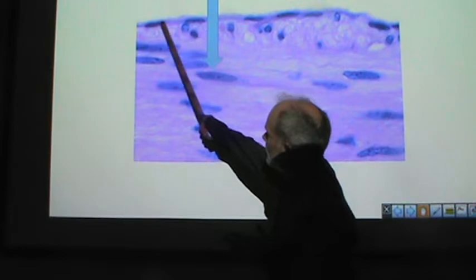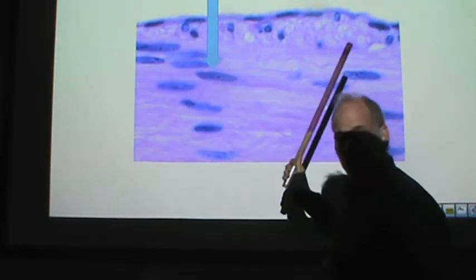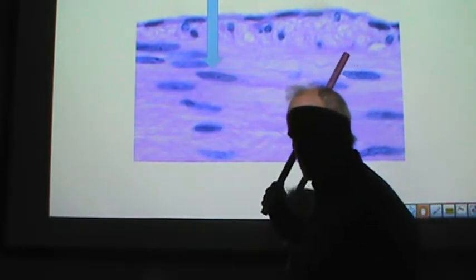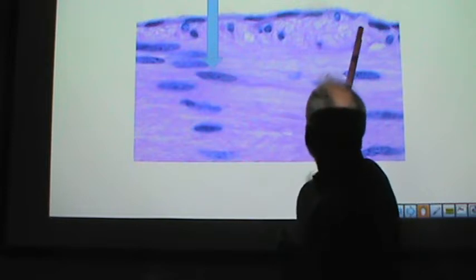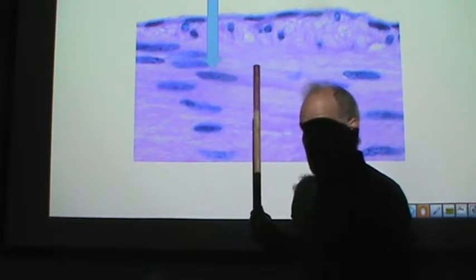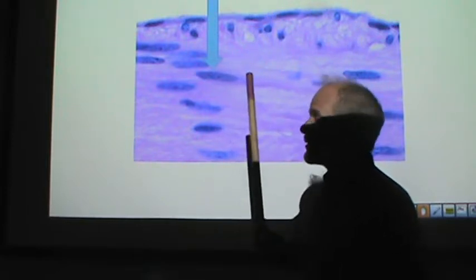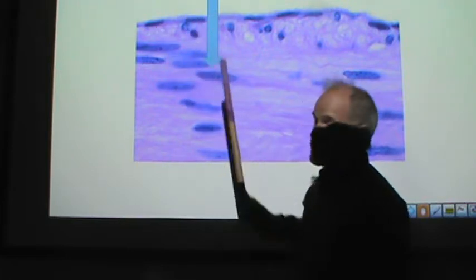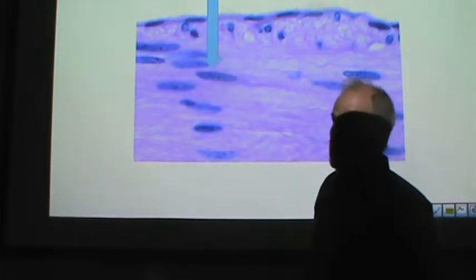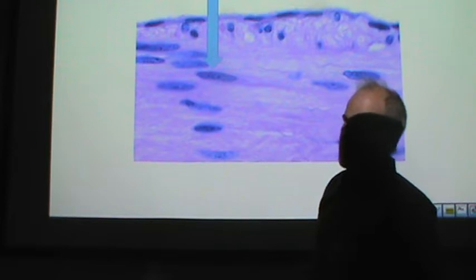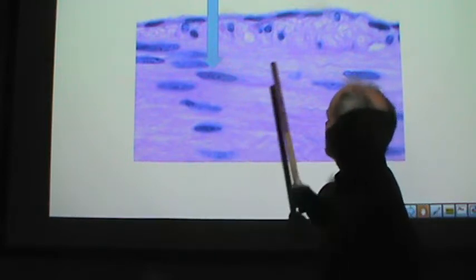See this here? How many layers are you looking at on this one little area? Right here, it's one cell layer, so that makes it simple. Cell shape: is it cuboidal, columnar, or squamous? Yes, it's squamous.